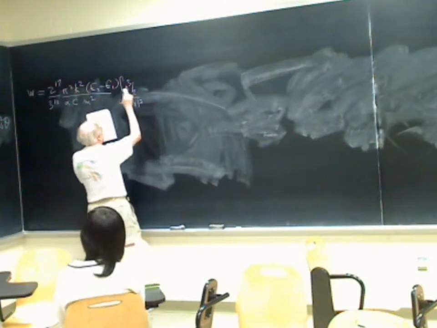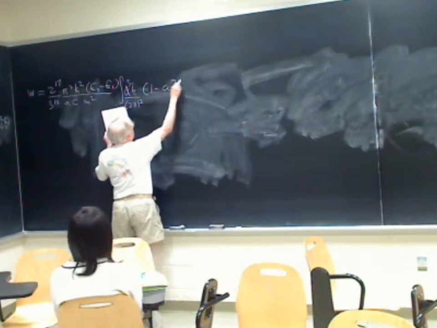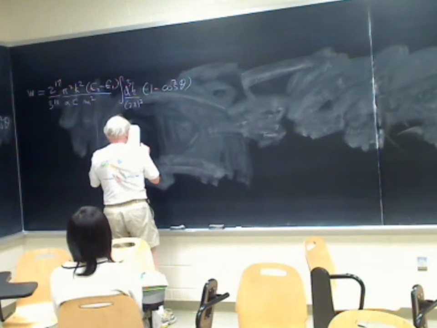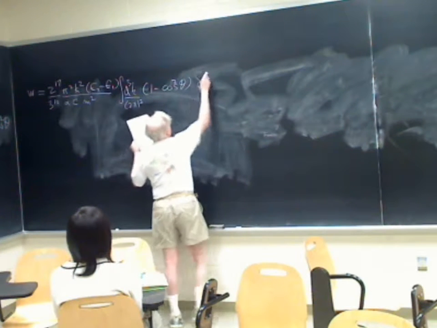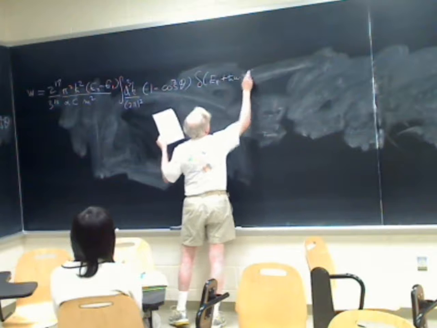This is the sum of the polarizations, 1 minus cosine squared theta. And now just delta of E1 plus h bar omega minus E2.